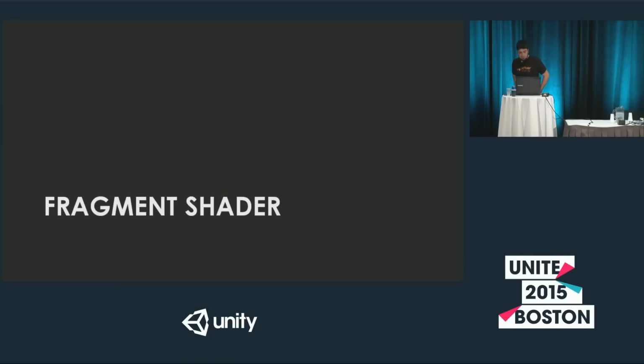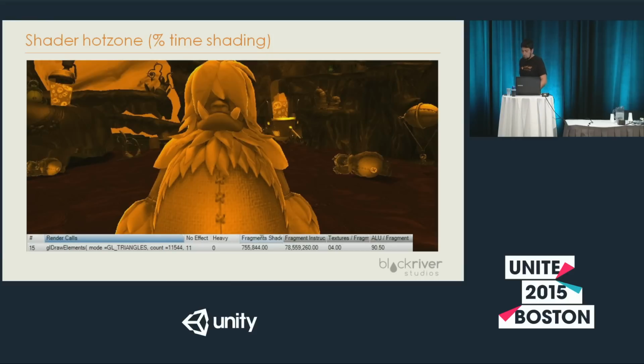So the next part is we went to the Fragment Shader to optimize the hottest shaders in this scene. And this is a view of Adreno. You do a capture frame, and then it lists all of the draw calls. Then you can click, for instance, this view I sorted by fragment shaded, the shader that shades more fragments.